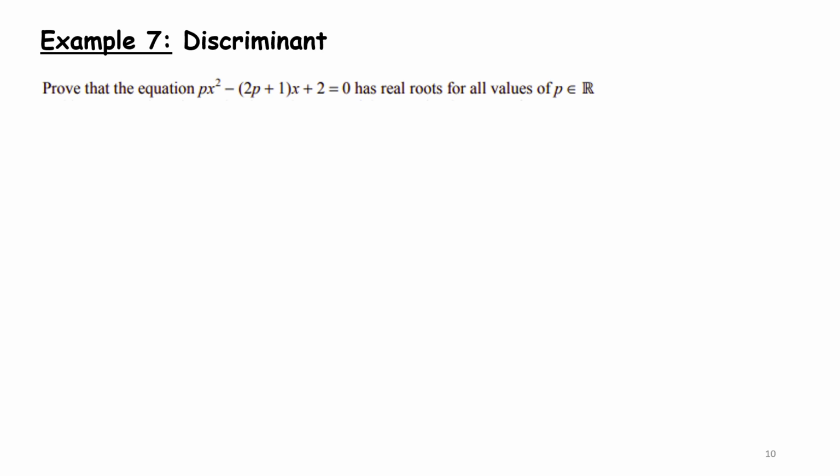It says, prove that this equation has real roots for all values of p element of R. What we're talking about here is really a quadratic function, and we're trying to prove that it has real roots, and we're going to do that using the discriminant. To use the discriminant, we'll end up with an inequality that we will then have to prove.